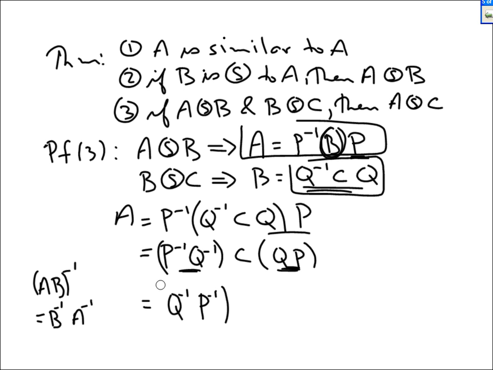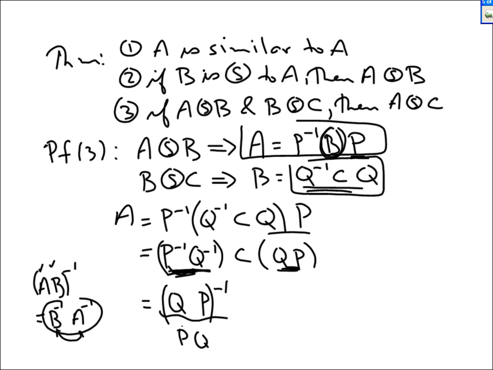Oh, excuse me. What I have right here is in this form. So I can switch the A and the B, ignore their inverses, but then put the inverse on the outside. I can switch the P and the Q, and inverse both of them. But that's exactly what I have there.